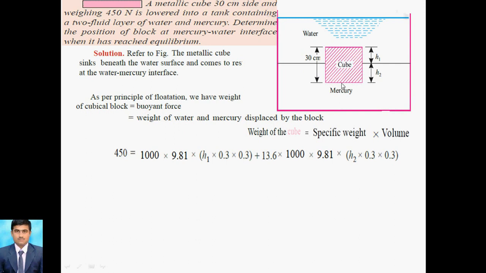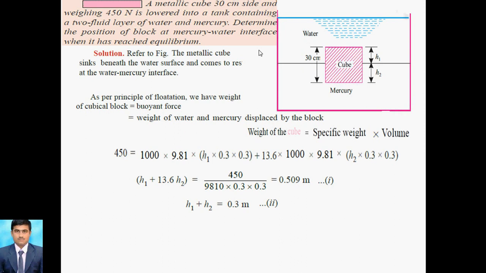0.3 is the base, and the height is given directly, that is 0.3. Here actually h2 is unknown because h2 is the vertical distance. After that equation we get the h1 plus h2 value, that is equation number 1. Now we know from the figure that h1 plus h2 is equal to 30 centimeter.